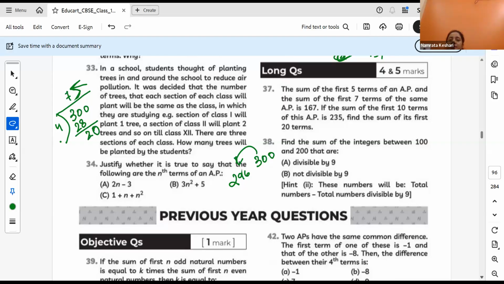Question number 37. Please read it. Will you be able to do it, Ritvika? Ma'am, I can try it.